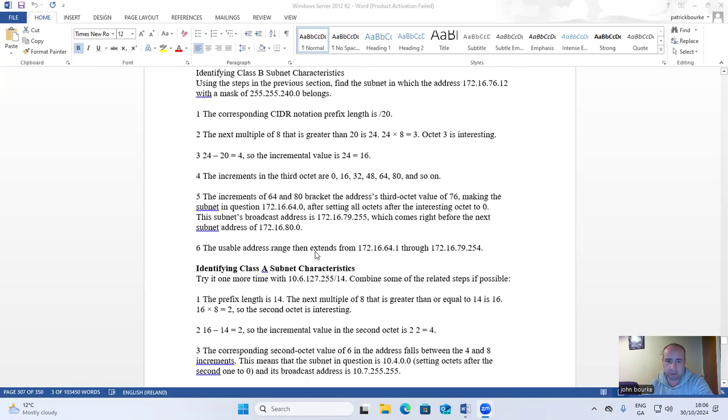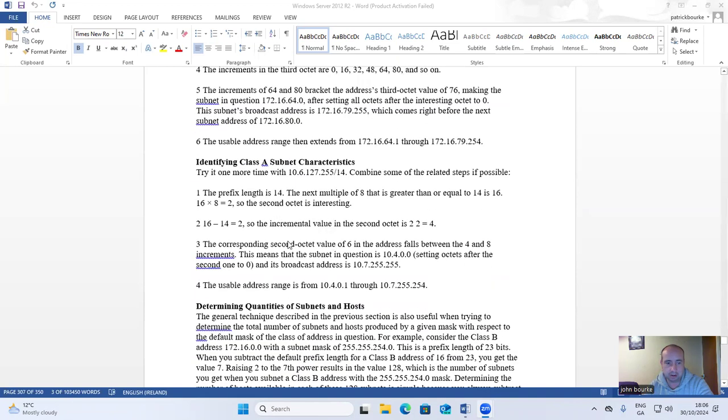The usable address range then extends from 172.16.64.1 through 172.16.79.254.